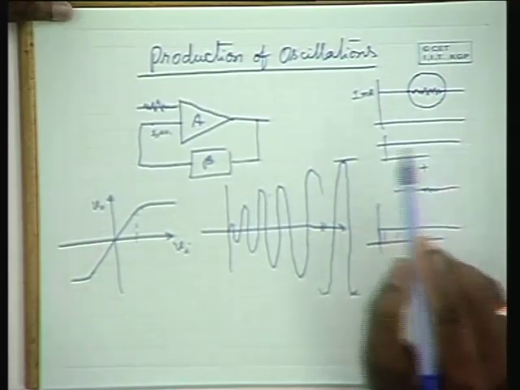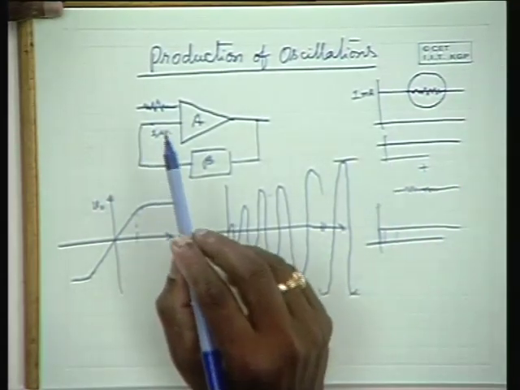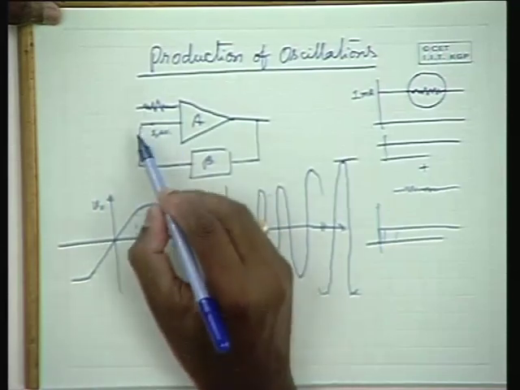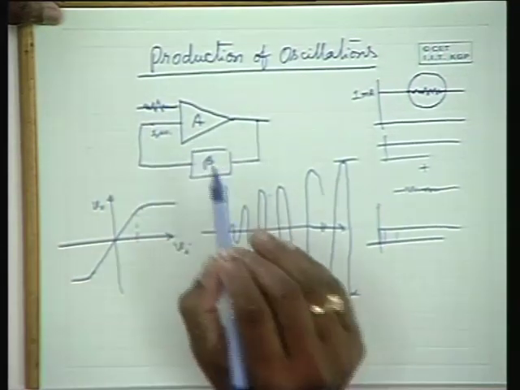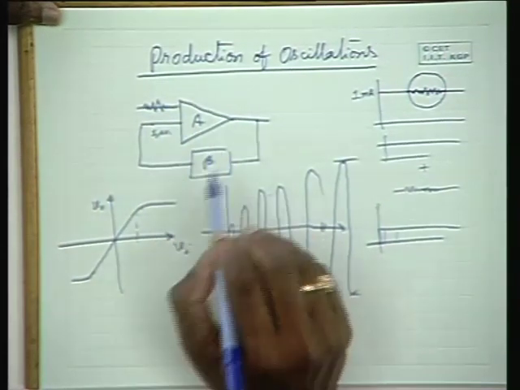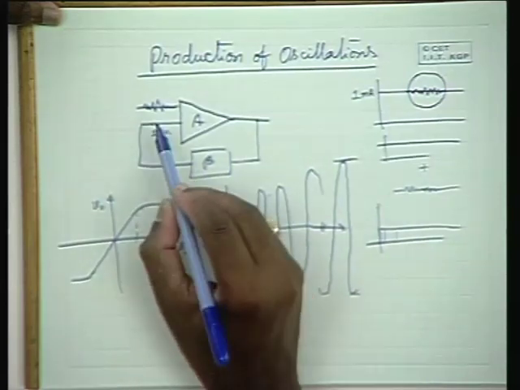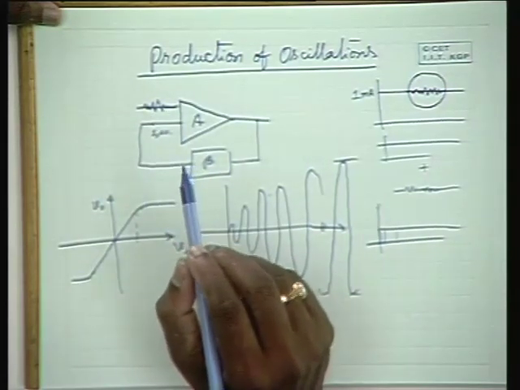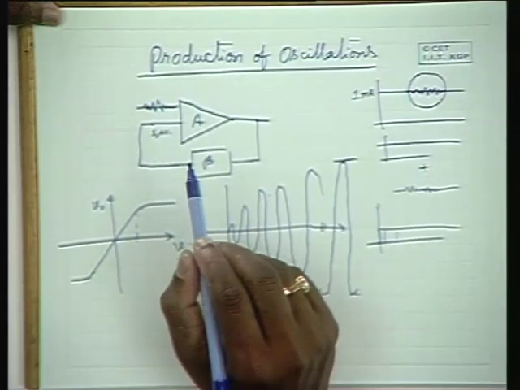I repeat, the oscillations can be generated to start with because of the noise present in amplifiers, and this noise has all frequency components in it.